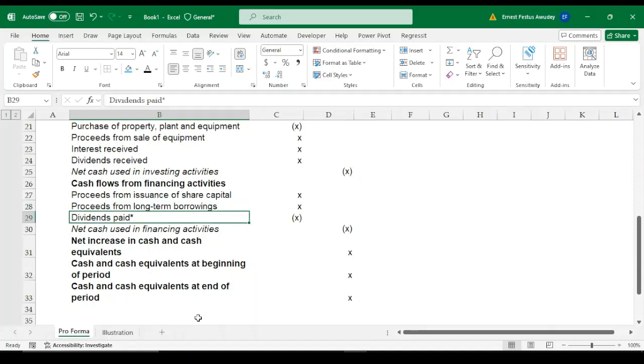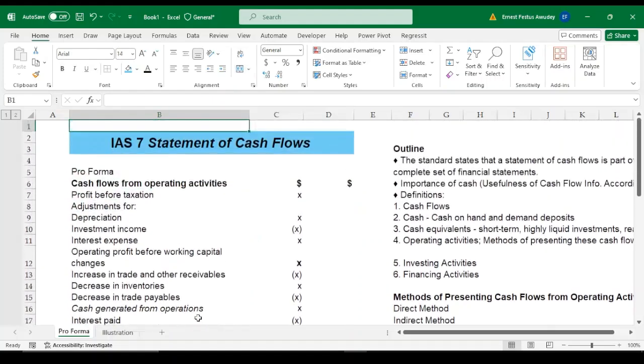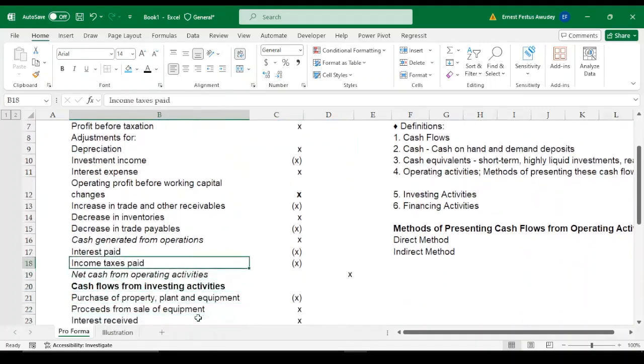And then dividends paid. All right, dividends paid is also a financing activity, but there is a caveat. Now, the dividends paid can also be shown under your operating activities, cash flow from operating activities. All right, so you can put your dividends paid here as well.